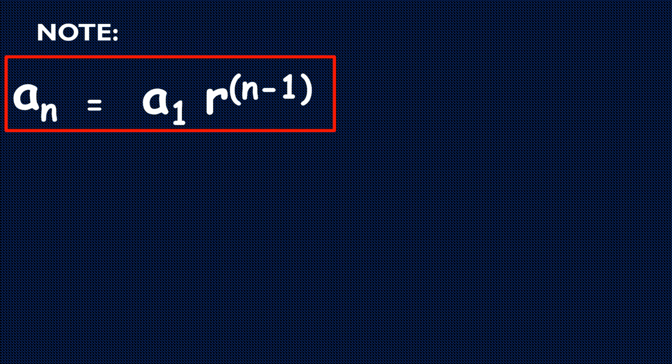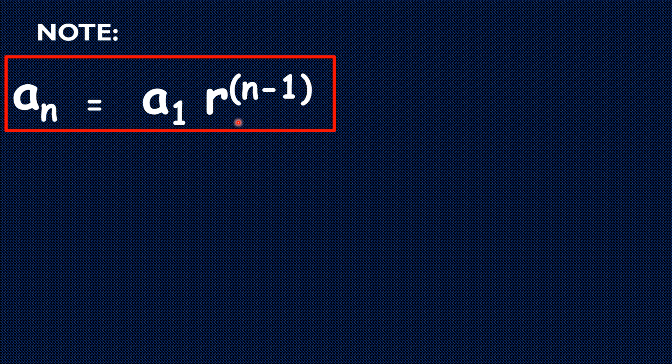So here we will be doing a quick summary of the nth term of the geometric progression. We have established that A subscript n, which is the nth term, is equal to the first term multiplied by the common ratio all raised to power (n minus 1).